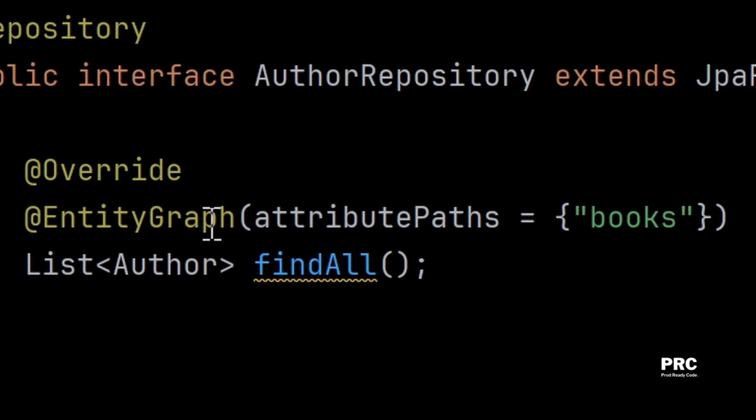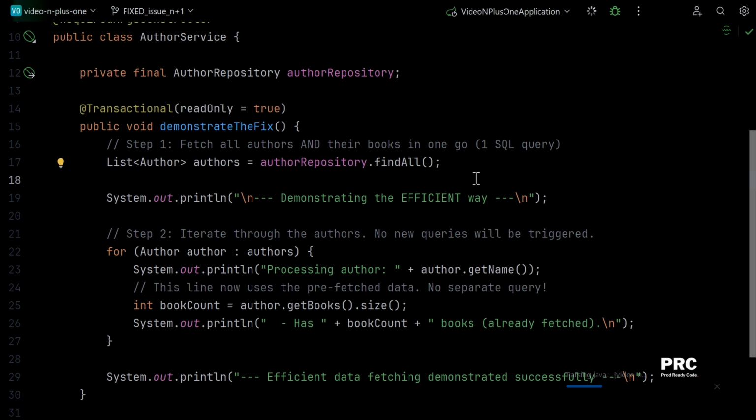And right above it, we place our order, our magical spell, EntityGraph, then attribute paths. And we provide the name of the field we want to fetch: books. That's it. That's the entire fix.